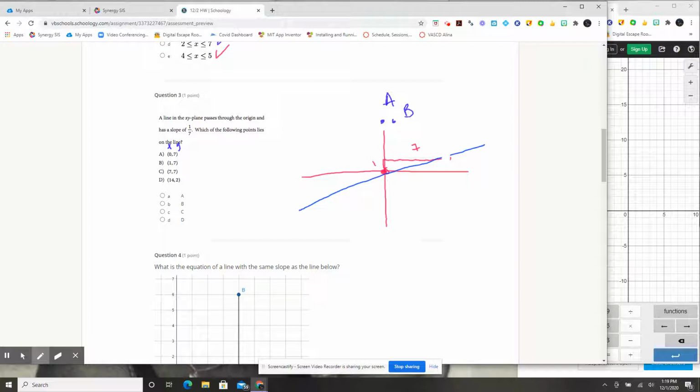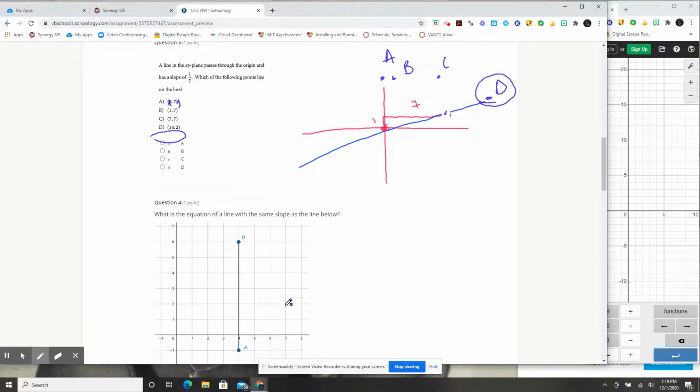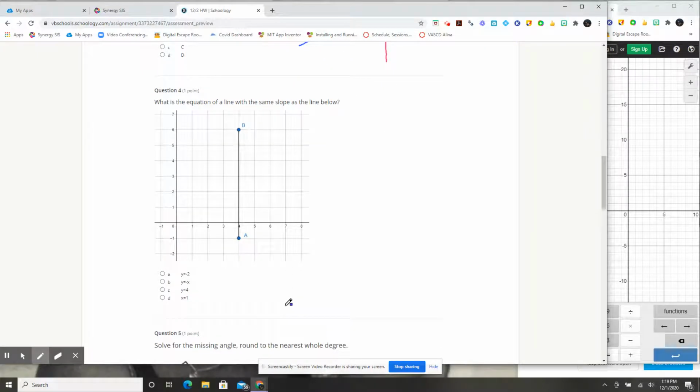That's B. That's not going to work. And then right 7, up 7, that's C. That's not going to work. 14 and 2. So 14 is going to be 7, and then another 7, and then up 2. 14 and 7 is, I think, going to be our answer. So be careful when you're plotting. Don't do what I started to do. When you figure out you've made a mistake, go back and check.